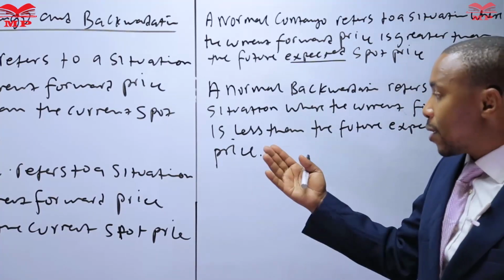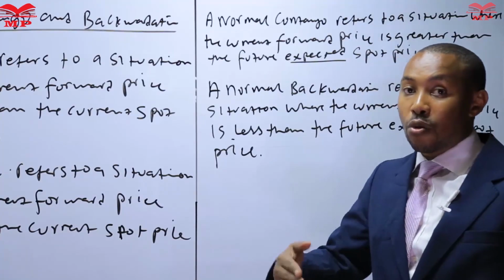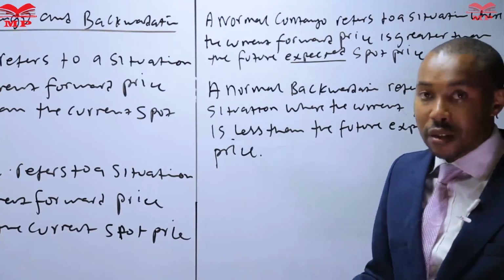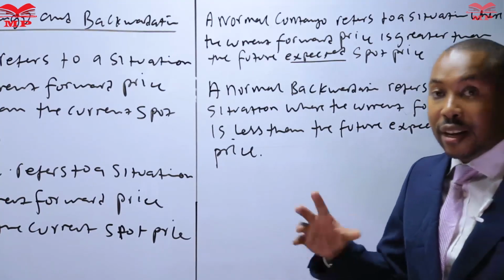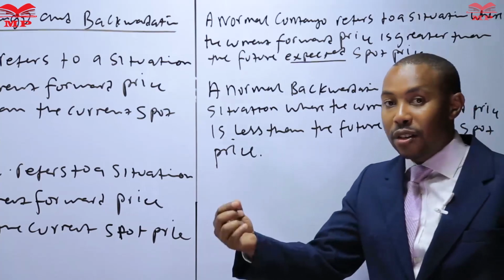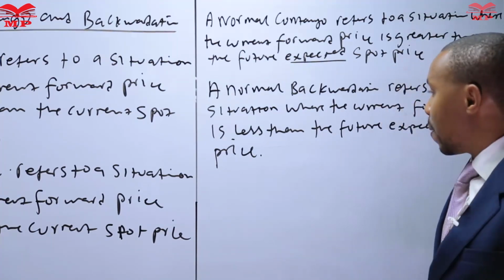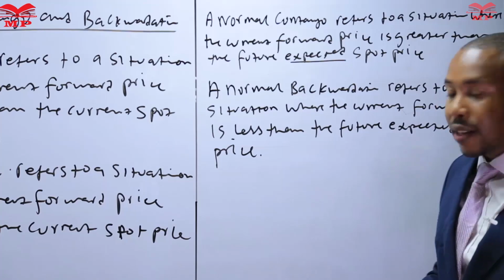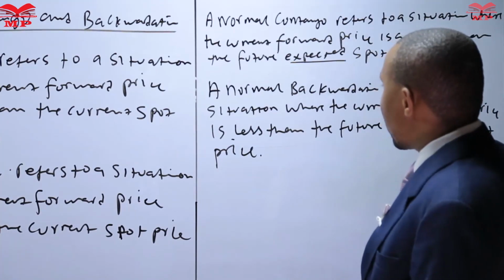But investors who try to get exposure through physical commodities are the ones who try to identify the difference between forward prices and spot prices, and get some yield from that. So that is it about normal contango and normal backwardation.